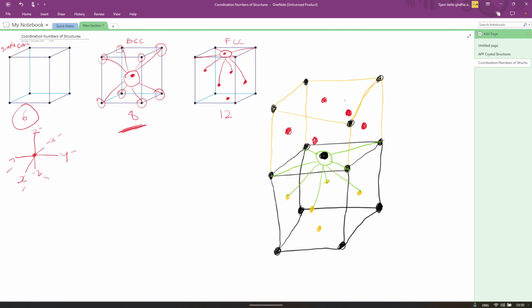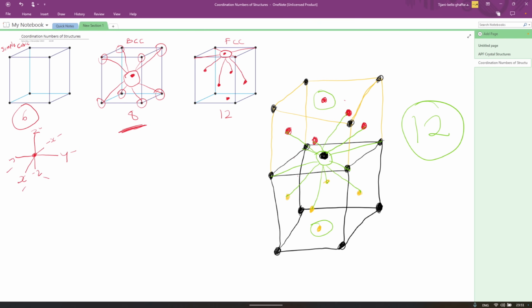Remember, I said it cannot get down here. It can't get to this down part. So it goes again to the side facing atoms. 1, 2, 3, 4. Remember, I said he cannot connect to this guy and this guy because they are far away from him. And that is how we have 12 as the coordination number for the FCC.